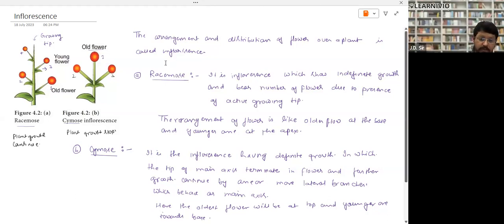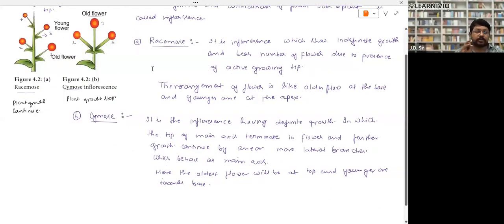Racemose, this is the only question. Whatever I have told you, these are the questions which have been asked. The arrangement of flowers is like older flowers at the base and younger flowers at the apex, right?